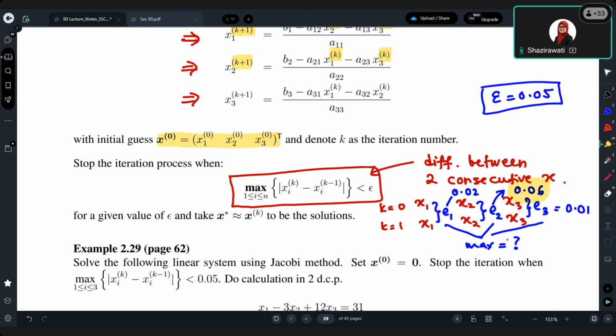So that 0.06 is still greater than 0.05. So it means you still need to proceed. Okay, cannot stop yet. So you will stop when the maximum is less than your epsilon. Okay, we will see that later in our calculation. So that is what the stopping condition of the iteration means.